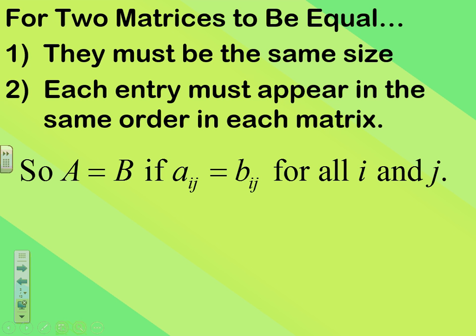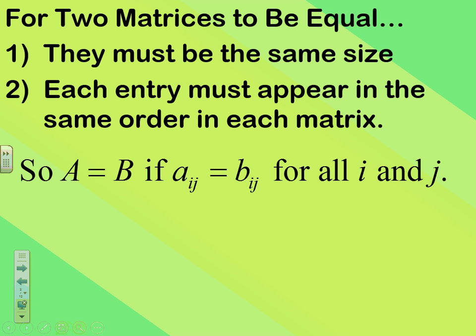Just like anything else that says something is equal to something else, they literally have to be the exact same thing. So obviously they have to be the same size, and every entry in one matrix has to correspond exactly to the same entry in the next matrix.